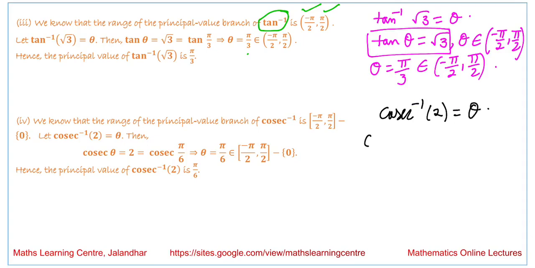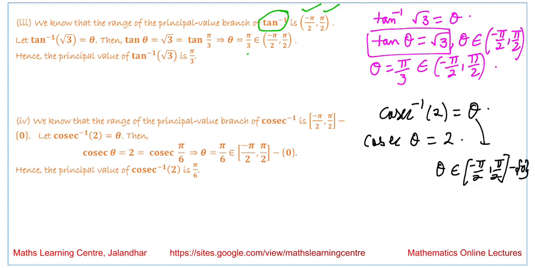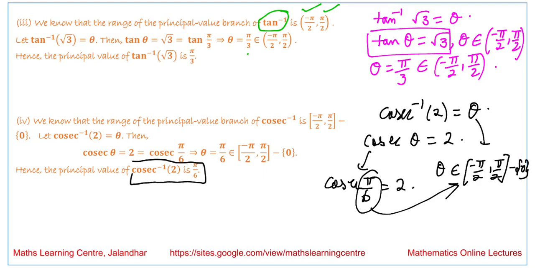So we want to calculate that theta for which cosecant of theta is equal to 2, and this theta should lie in the interval minus pi by 2 to pi by 2, except for the point 0. So the value of theta is pi by 6, since cosecant of pi by 6 is equal to 2, and this pi by 6 lies in this interval. So the principal value of cosecant inverse of 2 is pi by 6.